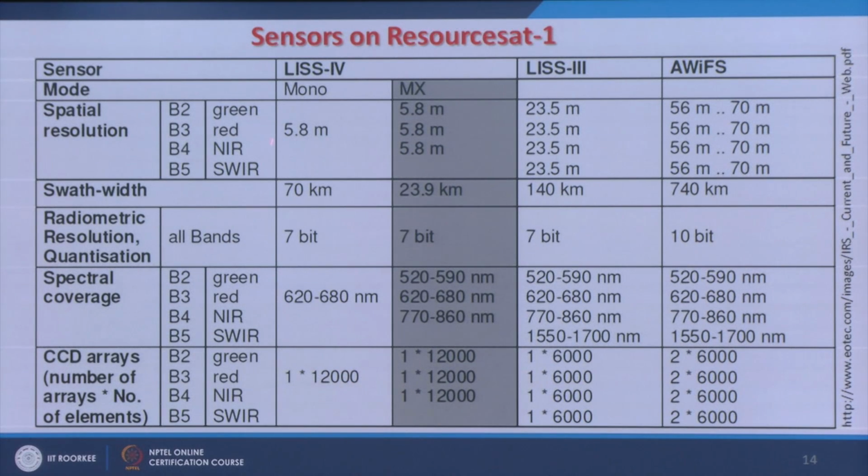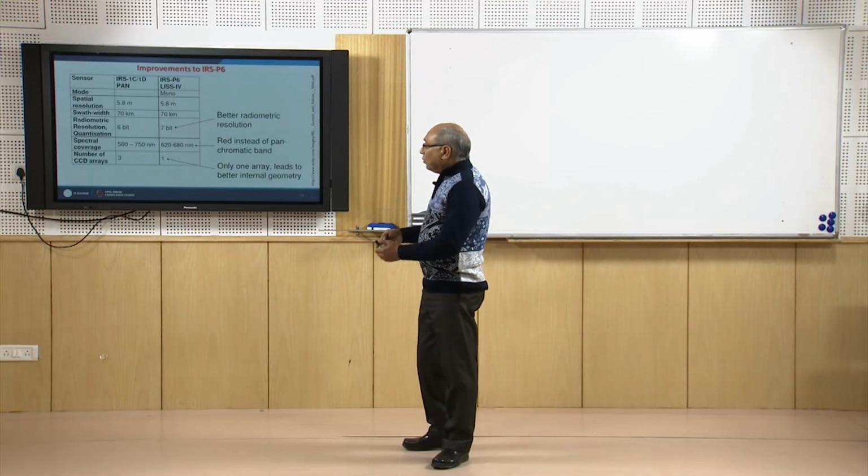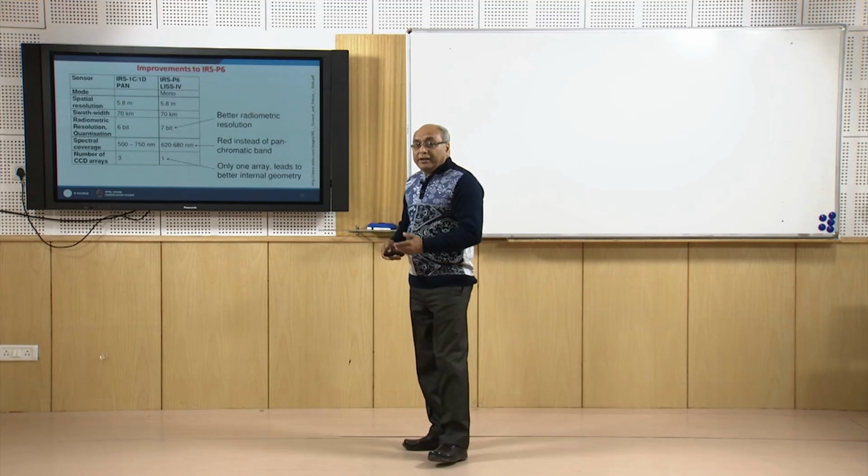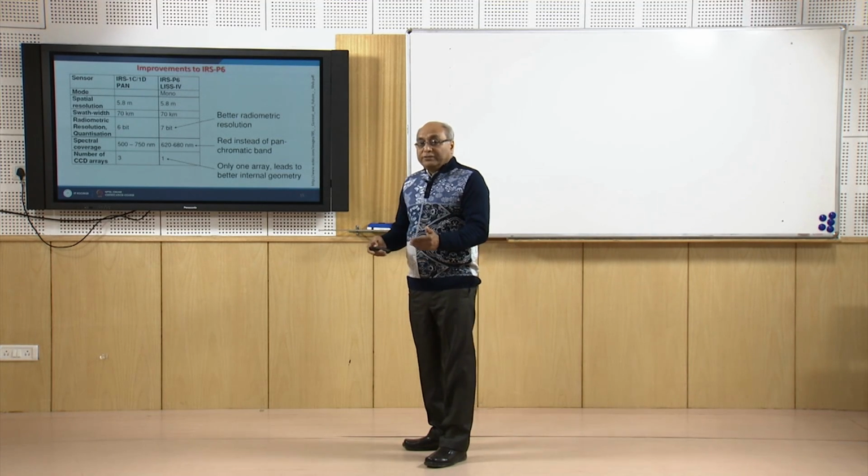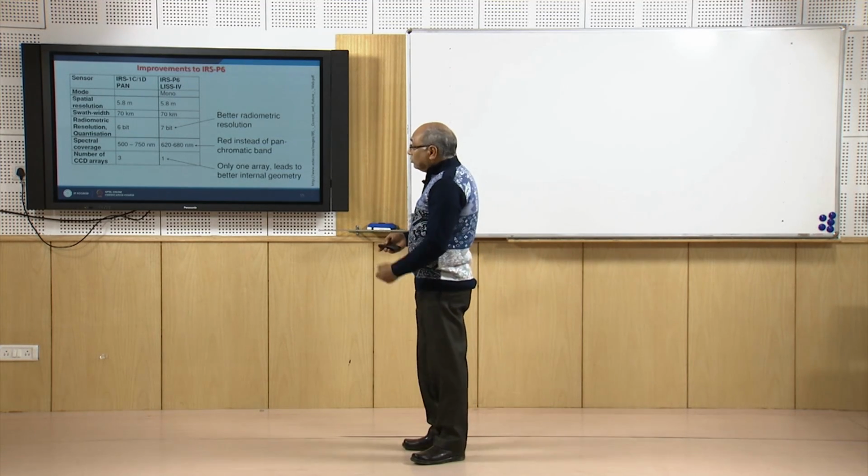If resolution is more, the number of CCDs is going to be much more, whereas if resolution is coarser, these CCDs will be relatively fewer. So this is how things get affected with the spatial resolution: the swath, the bits, the radiometric resolution, and also temporal resolution.